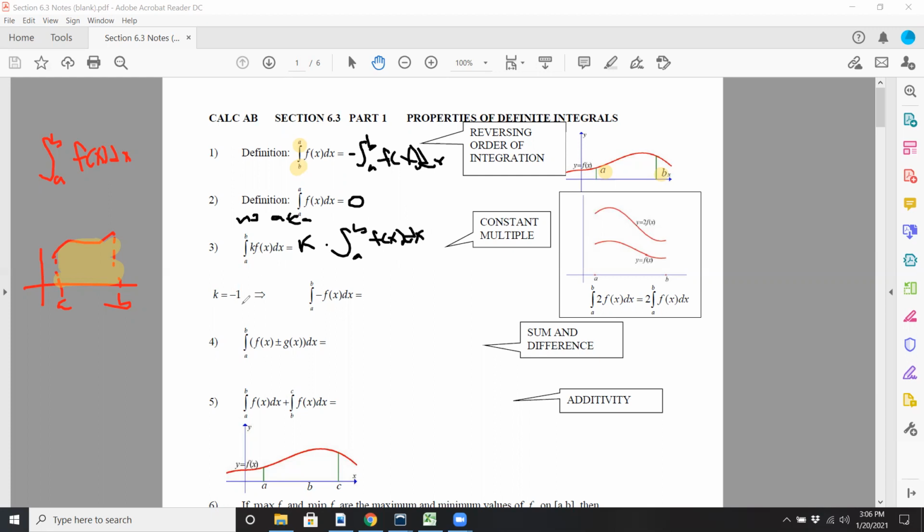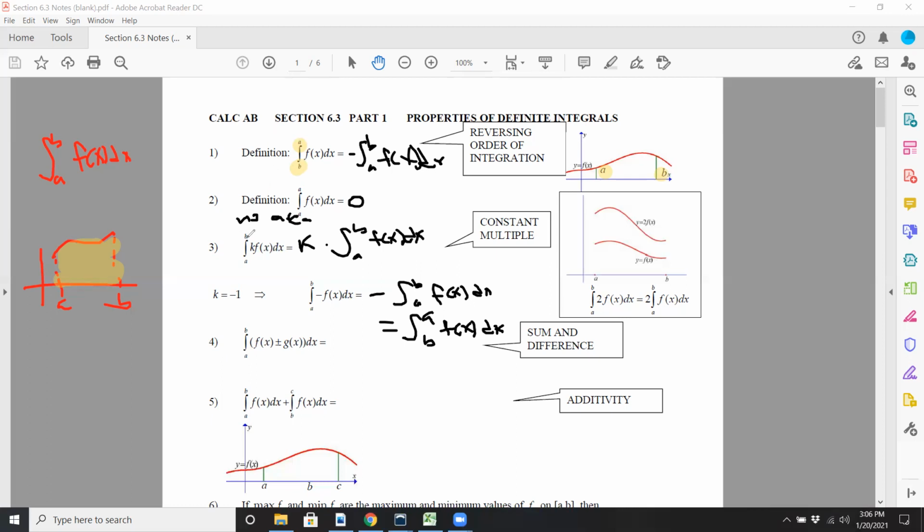And by the way, if k equals -1, then of course you put the negative off to the left. Or you could also reverse it too, because reversing is like multiplying by -1, as we saw in property 1.